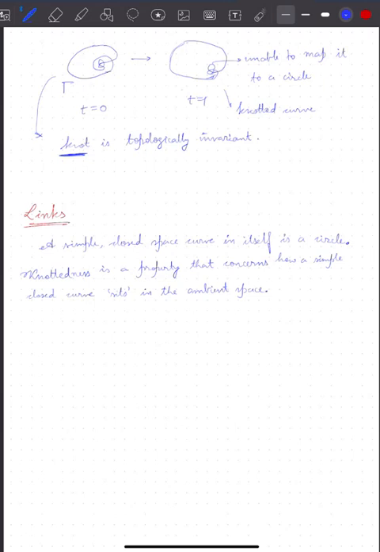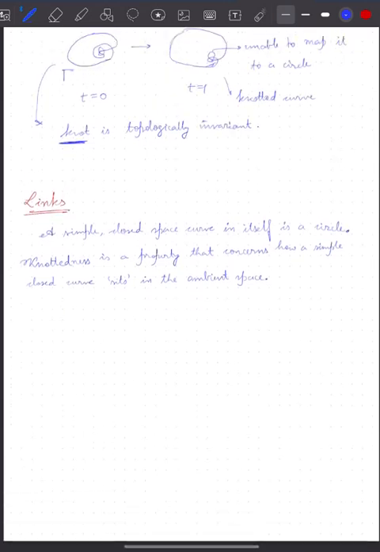Ideally what we mean to say is that a simple closed curve is homeomorphic to a circle.